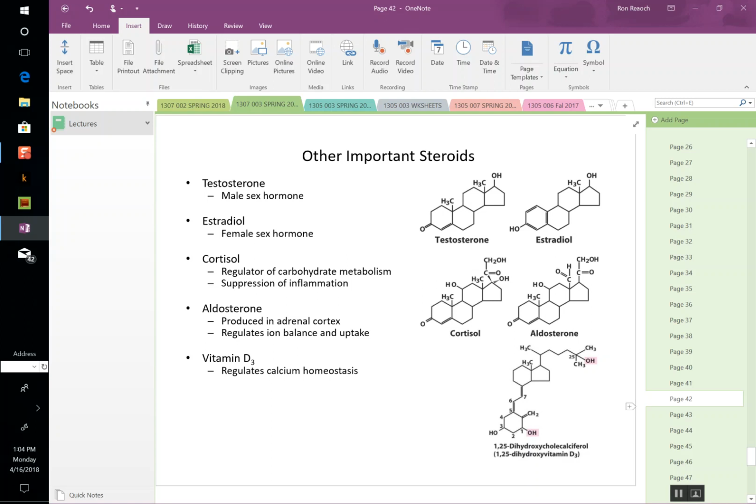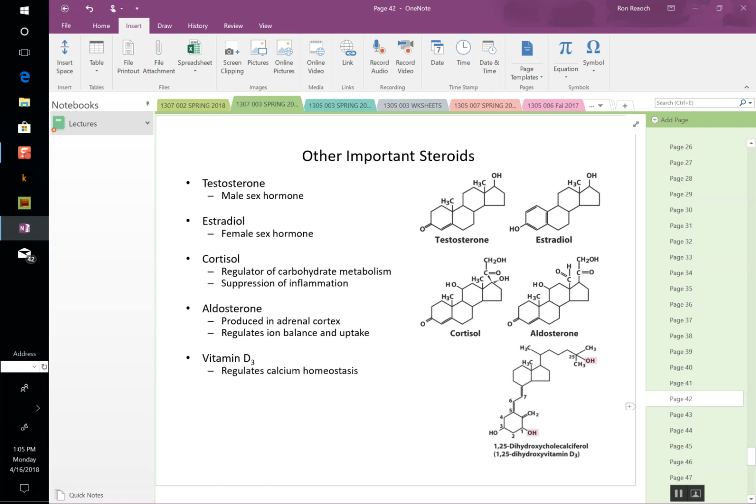Okay, what you should expect are questions like, which of the following is a steroid? All right, out of chapter 17. I will have some multiple choice questions that say, which of the following is a steroid? Sphingolipids, phospholipid, testosterone, etc. So you should be able to pick out a steroid from something that isn't a steroid.